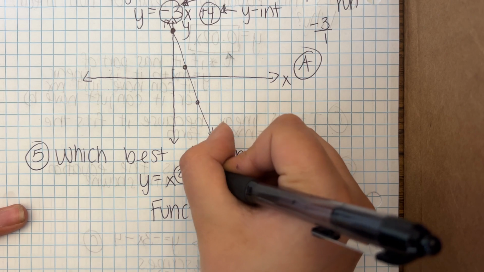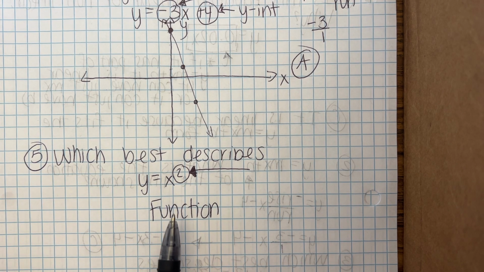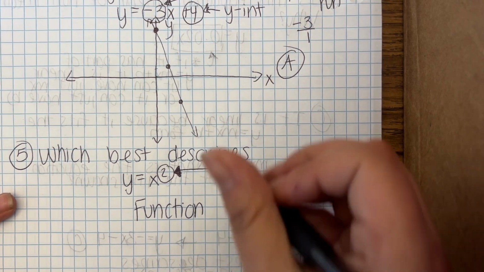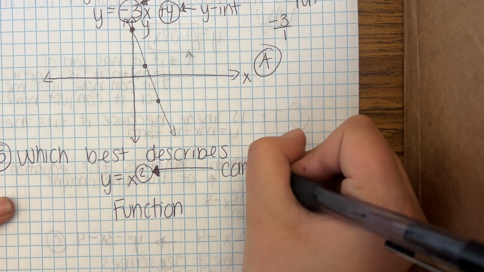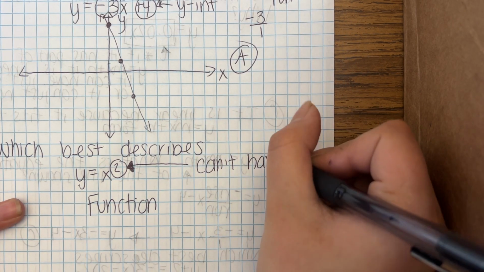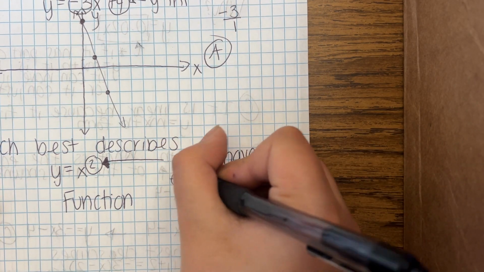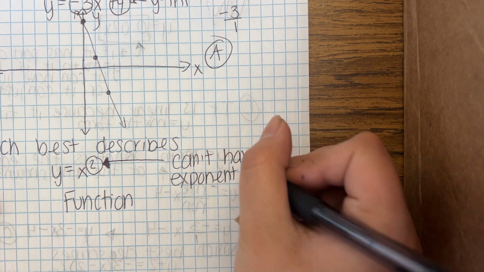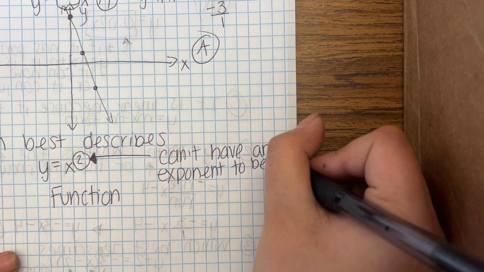Okay. It has an exponent. It has a little number, which we call an exponent. Tiene un exponente. If it has an exponent, right away, we know that it is nonlinear because it can't have an exponent to be linear.